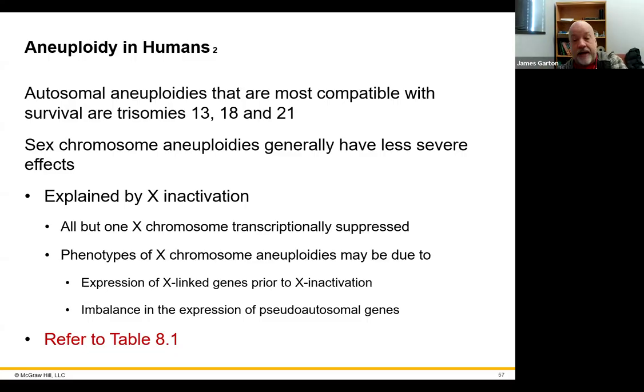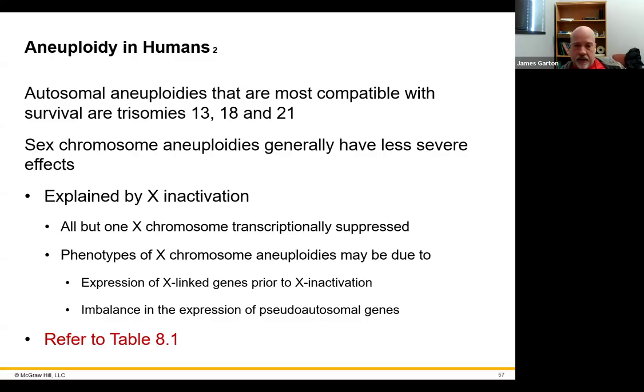Now, you have to have one X chromosome. But if you have more than one X chromosome, your cells are going to deactivate all but one. That deactivation doesn't happen immediately, but it will happen. So if you are, for example, XXY, you're going to inactivate one of those X chromosomes until you only have one.